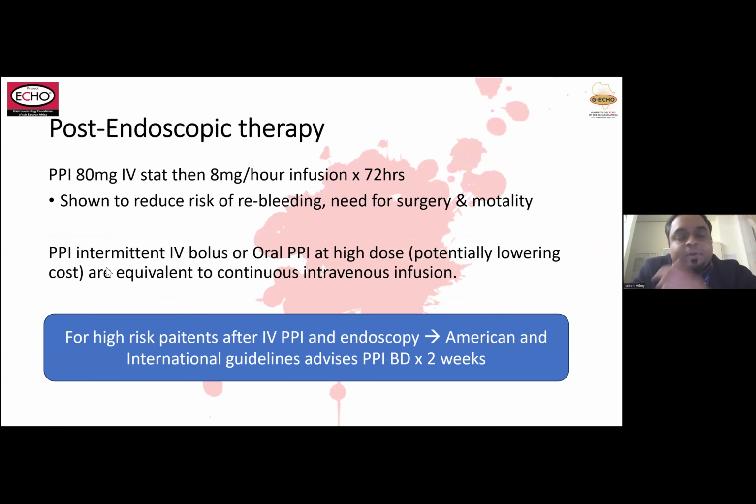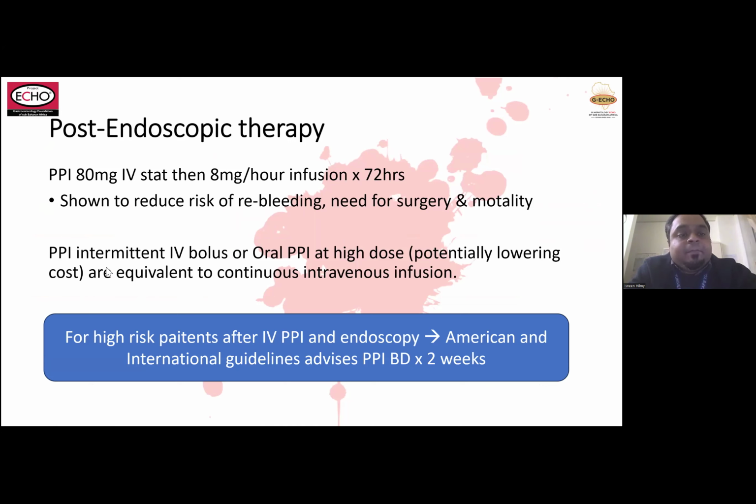Post-endoscopically, regarding PPIs, we generally give IV PPI. You can opt to give an infusion after that, 8 milligrams per hour for the next 72 hours. This has been shown to reduce risk of bleeding, need for surgery, and even mortality.